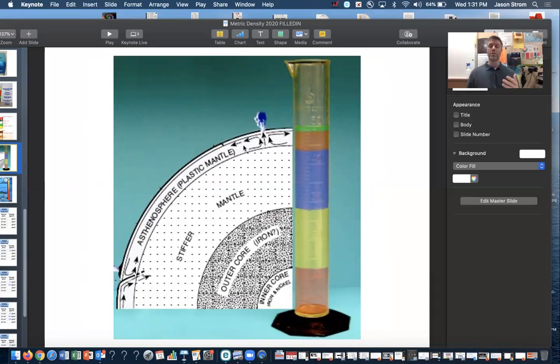Then as things started to cool and harden, these layers more or less set. But the main takeaway is that the differences in density led to the different layers.